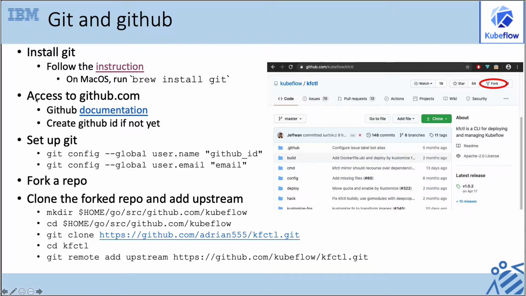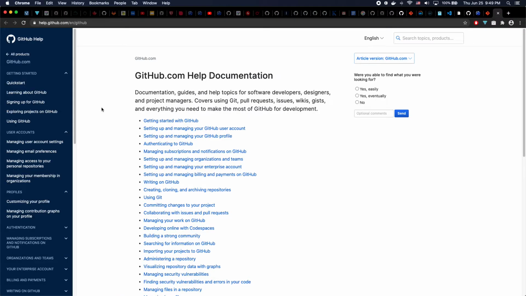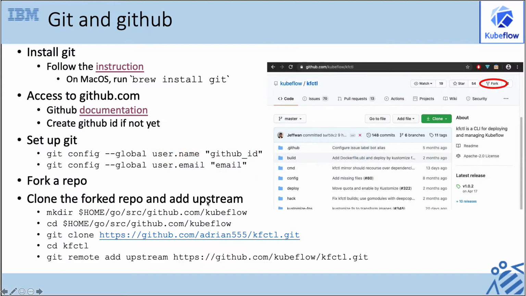For GitHub, you also need access to github.com. So you need to create a GitHub ID if you haven't yet, and you can go through GitHub's documentation to see what you need to do to gain access so that you can access the Kubeflow repositories with the source code there.